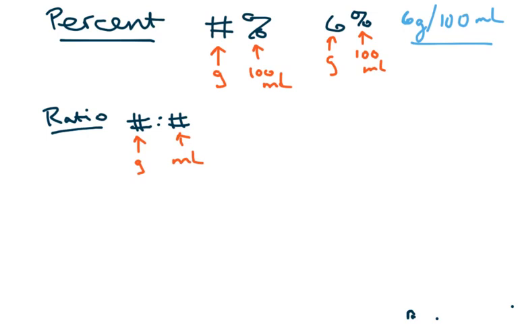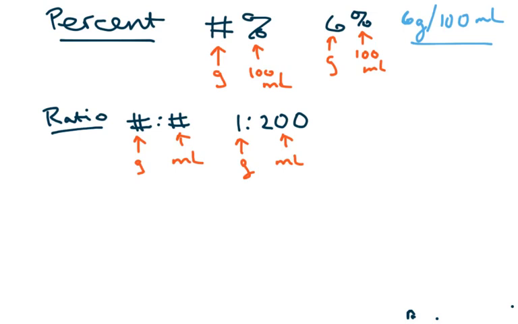That's because for percent, it's very specific because the percent is out of 100. So the percent means 100 milliliters. For your ratio, that means just regular milliliters. So if they gave you 1 dot dot 200, the first number is the number of grams, and the second number is the number of milliliters.